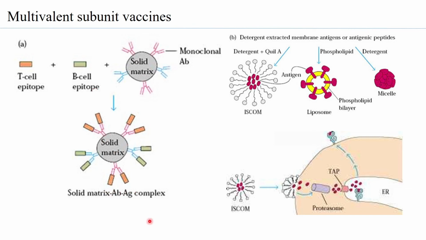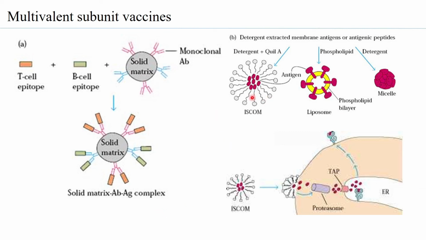Now, this is mimicking an organism, okay, but it is not a live organism, and so this can now elicit an immune response. So these are what are called multivalent subunit vaccines, where you have more than one epitope present on the surface, and those can be recognized, and the immune cells can get activated and produce an immune response.